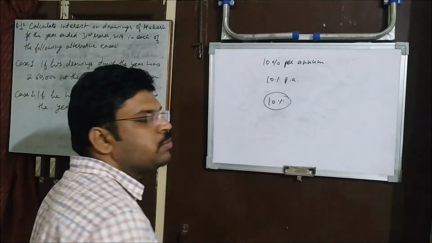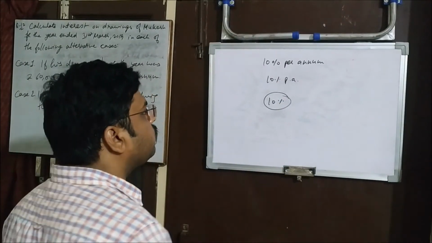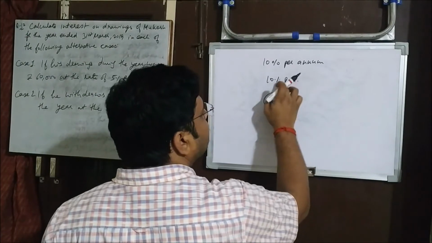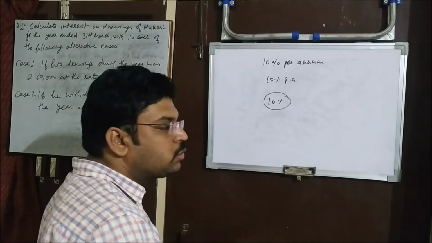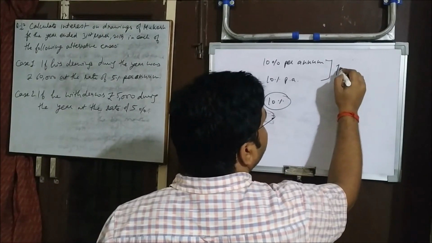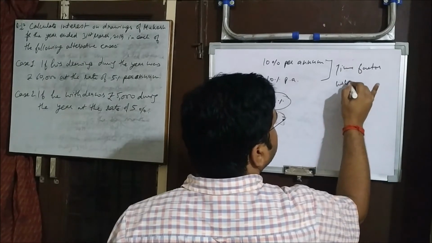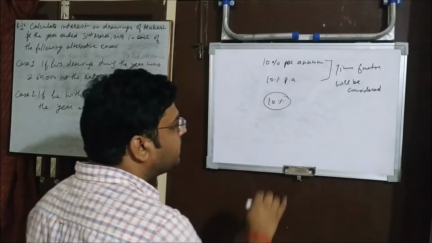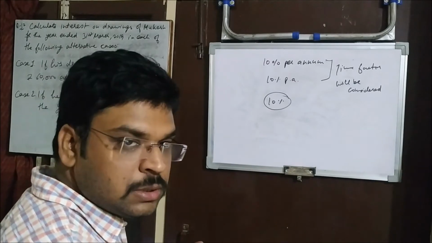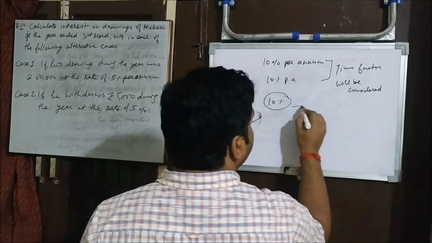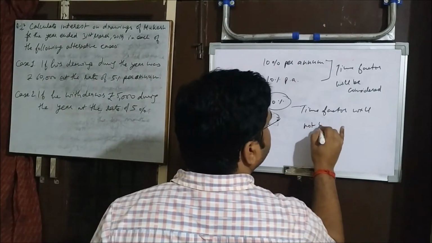So there is a difference between that. If per annum is given, it means that is yearly. So in that case time factor will be considered. But here per annum is not given, right? So here time factor will not be considered.